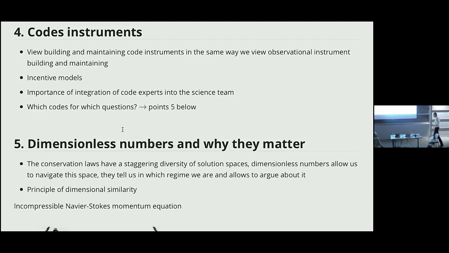But we should really view it as an activity similar to how we view observational instrument or telescope building and maintaining. I think that's a good framework, and we can discuss what that means and what the implications are. I'm just briefly mentioning ideas here. We have to discuss what the incentive models are for building codes. You get into questions like, well, this is something we can discuss, incentive models. I have some ideas about that.